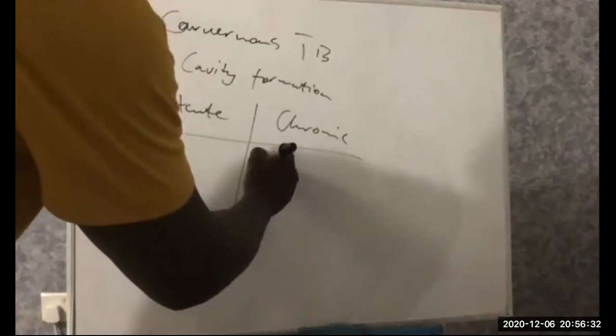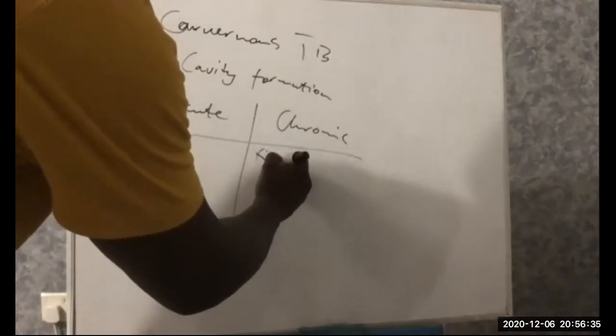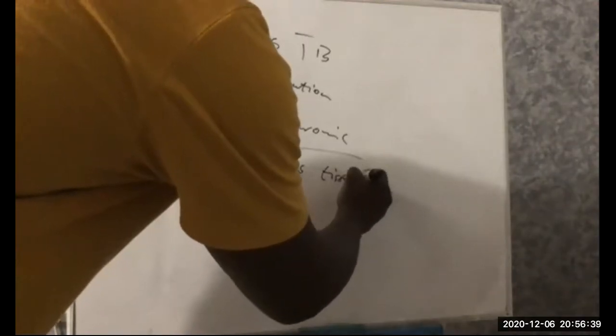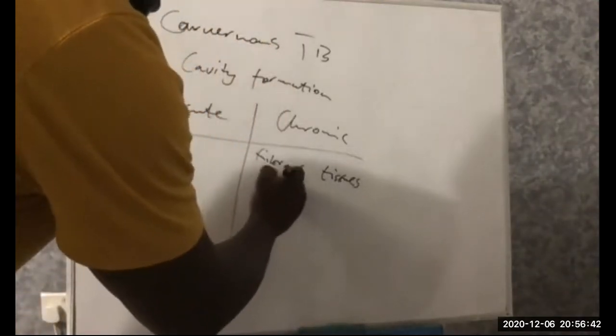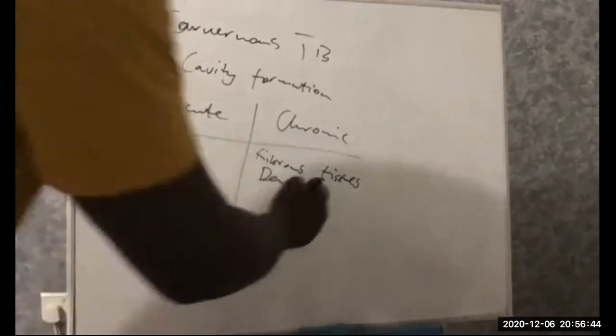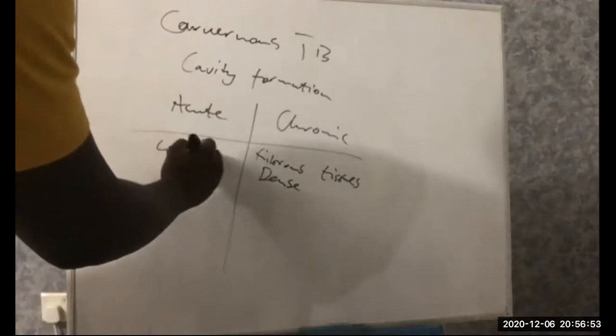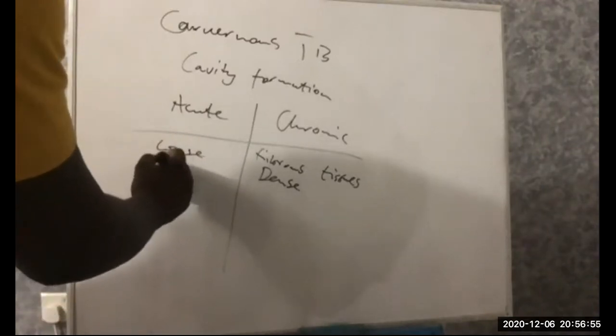In the chronic cavernous, the wall or the edges of the cavity is formed with fibrous connective tissue. Fibrous tissues, okay? And because of that, they are dense in nature. But if they are in acute, the connective tissue over there are loose, and soft in nature.